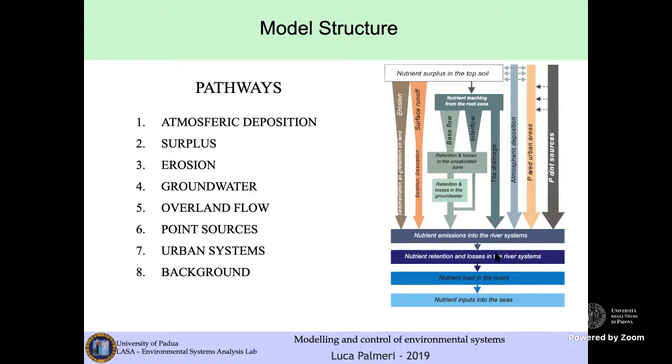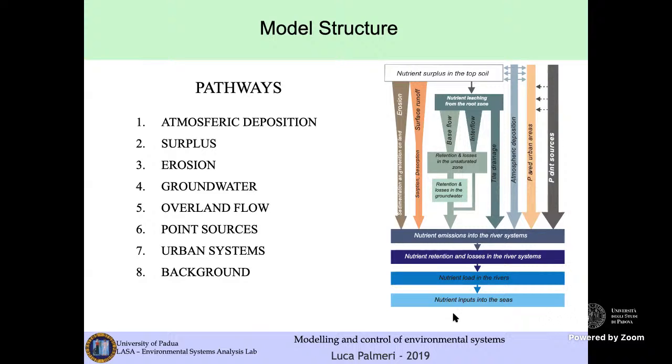So after the estimation of emissions, you have an estimation of nutrient retention. Then you have an estimation of nutrient load into the rivers. And as the final output of the model, you have nutrient inputs into the seas, so the nutrient loads that are conveyed from the river system toward the coastal areas.